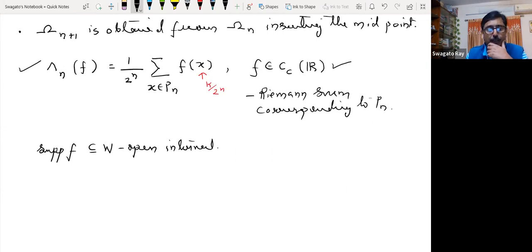W was always the rectangles, so in one dimension, it is an interval. So let us say W is of the form (alpha, beta). Now, this is not a weird thing to say because after all, the support of the function is compact. So that set is closed and bounded. So I can always find an open interval on which the support of f actually rests.